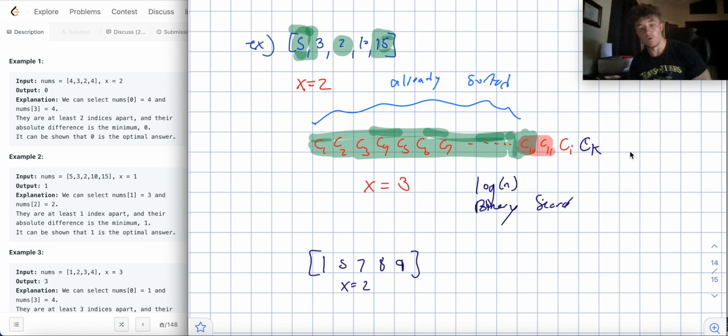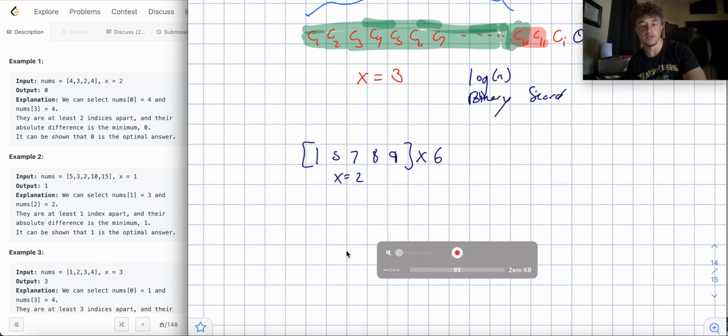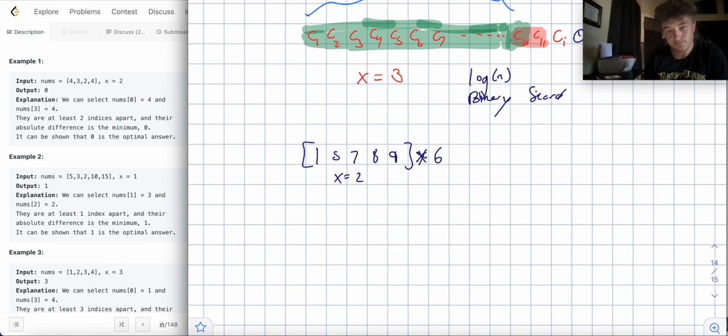If we binary search for 6 in this system, in logarithmic time it'll find that 6 is supposed to go here, between 5 and 7.